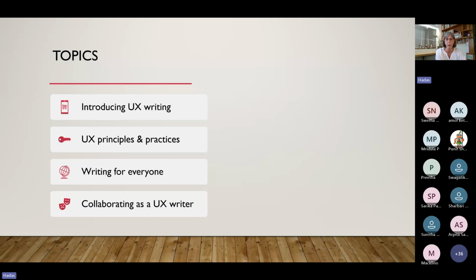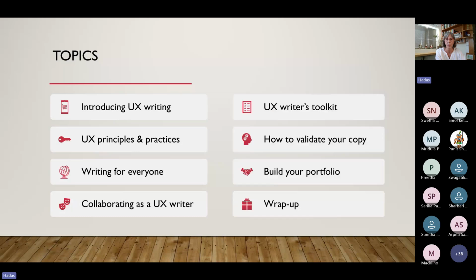In that sense, it'll be just a touch on accessibility and localization. Collaboration, which is very important when you're part of cross-functional teams. We'll take a look at what should be in your toolkit, how to measure success, some ways to build a portfolio, and then we'll wrap it up with some questions.